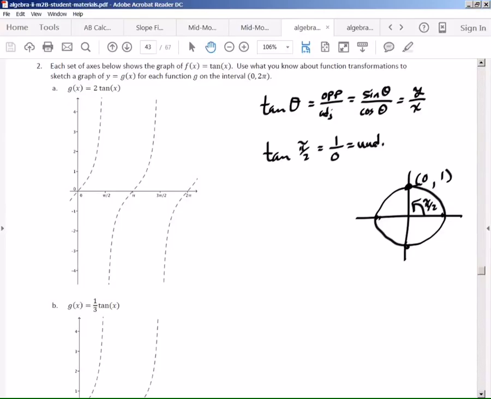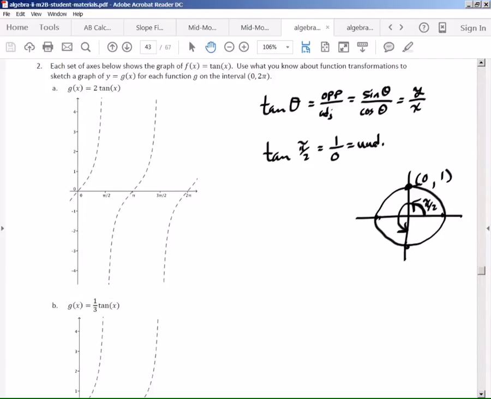There's another point on this unit circle where we have a 0 for the x. Do you guys know where that other angle is? What's the other angle that will give us a 0 for the x? 360? No, 360 would be right there. 270 would be right there, but do you know what that is in radians?